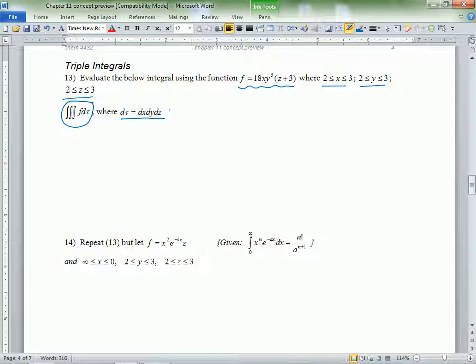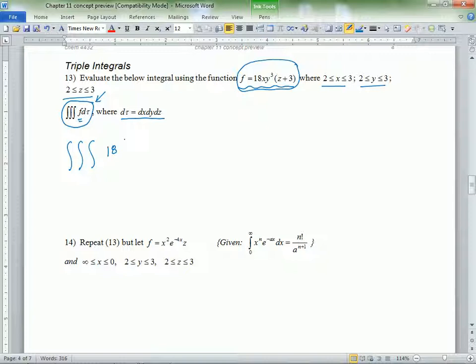But let's just try this. 1, 2, 3 integrals, my f. What's my f? It's right here. So I'm substituting everything verbatim into that. So I drew my 3 integrals, and now I write in my f, 18.